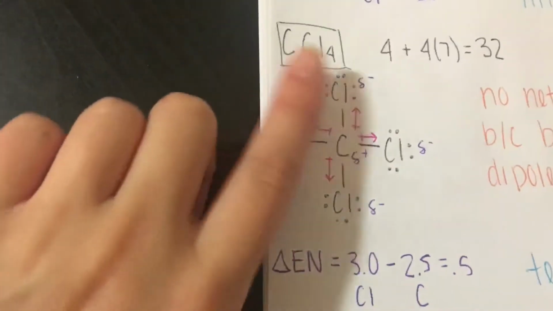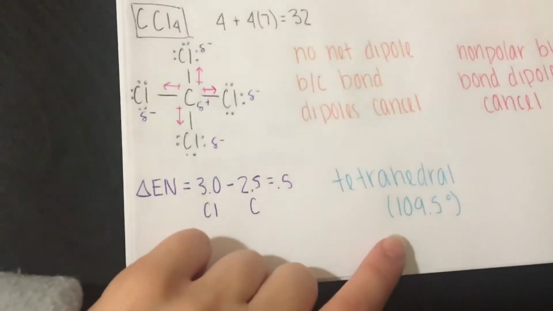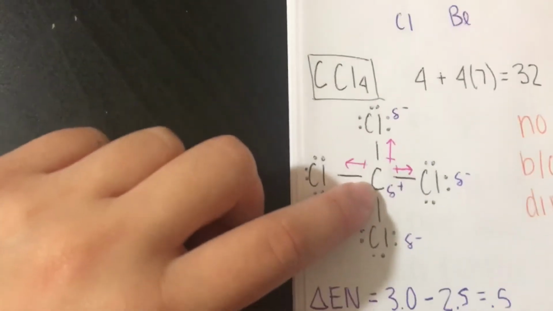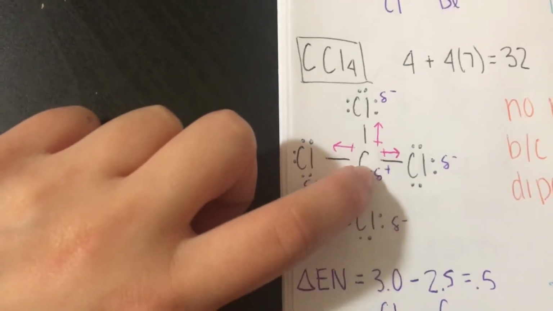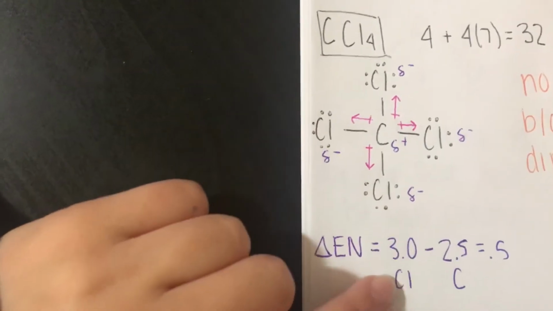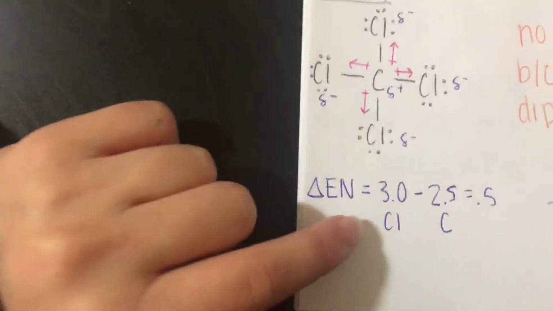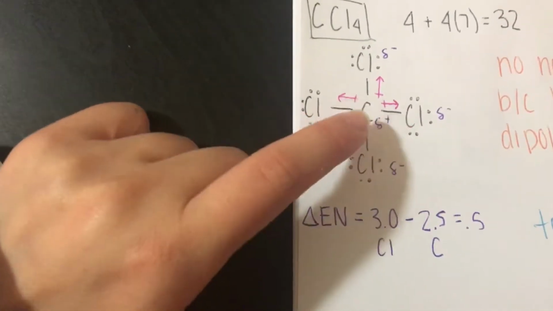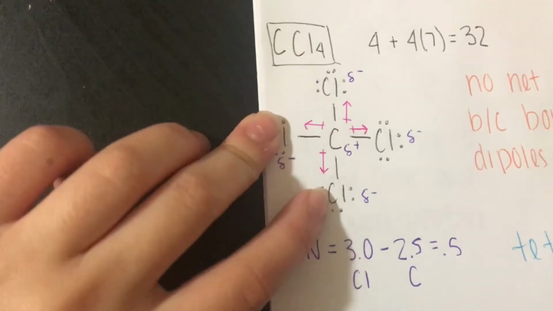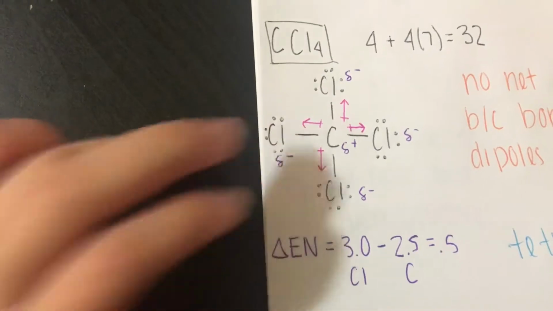So this is a tetrahedral shape, and the bond angle will be 109.5 degrees. The carbon will have a partial positive charge, and all the chlorines will be partially negative because chlorine is a lot more electronegative compared to the carbon.